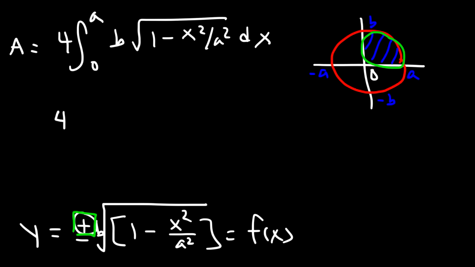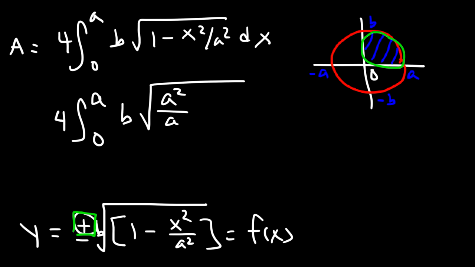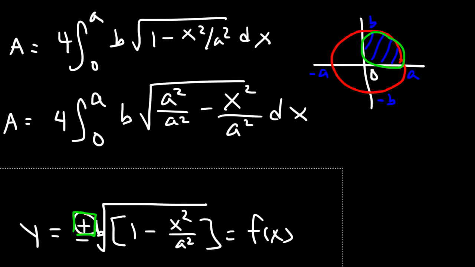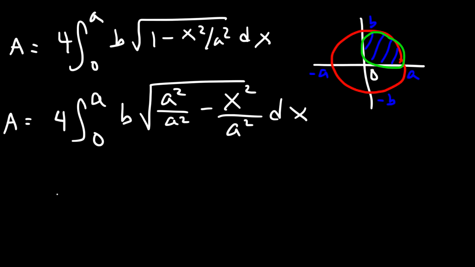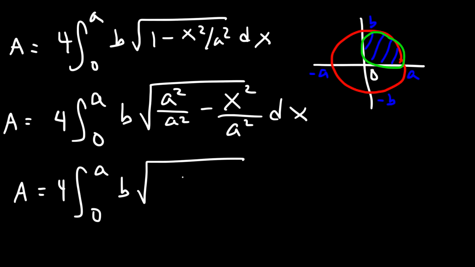So the first thing I'm going to do is replace 1 with a squared over a squared. And so this will allow me to get common denominators inside the square root. So I can write it as a single fraction, a squared minus x squared divided by a squared.